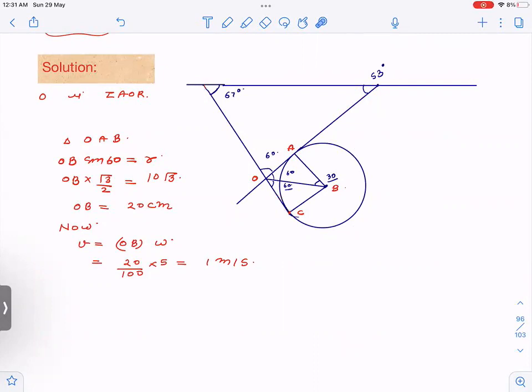V1 equals V2, V2 is 0, so V1 is 0. So now this can have velocity only along this direction. It can be the other way around also, and this is another velocity direction. Then, as we have studied, if we draw perpendiculars on the velocity vectors, they meet at the instantaneous axis of rotation. So O here is the instantaneous axis of rotation. Now 90% of the question is solved.